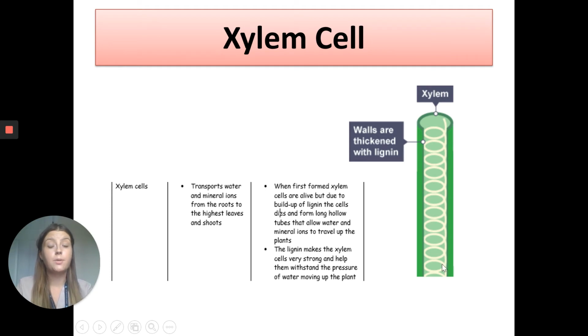Okay, so although you might think, well, if it's dead, how does it work properly? Well, that lignin means that the xylem is super strong, okay? And because it's so strong, the pressure that the water is under moving up the plant is then withstood. So that's why we don't end up with plants not functioning properly. It's because they've got that strengthening molecule in there, in the lignin.